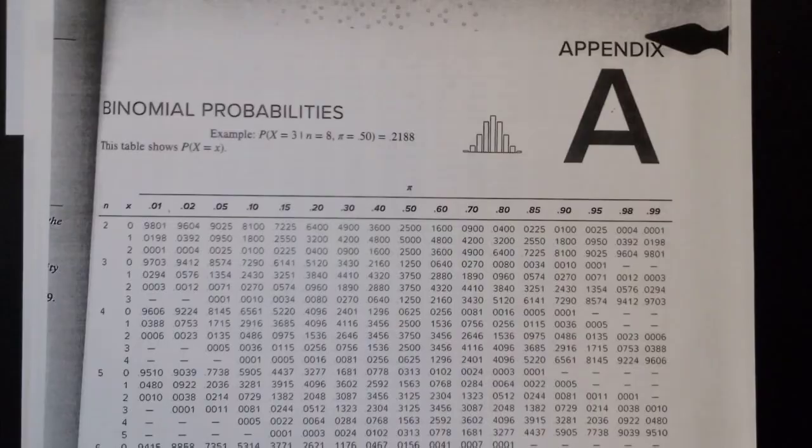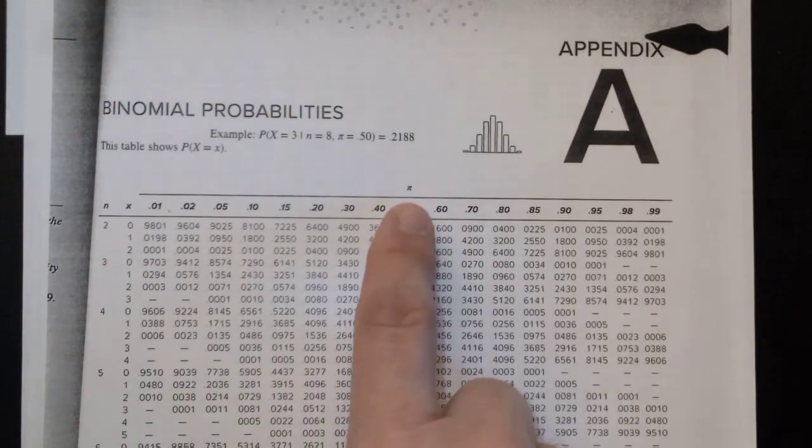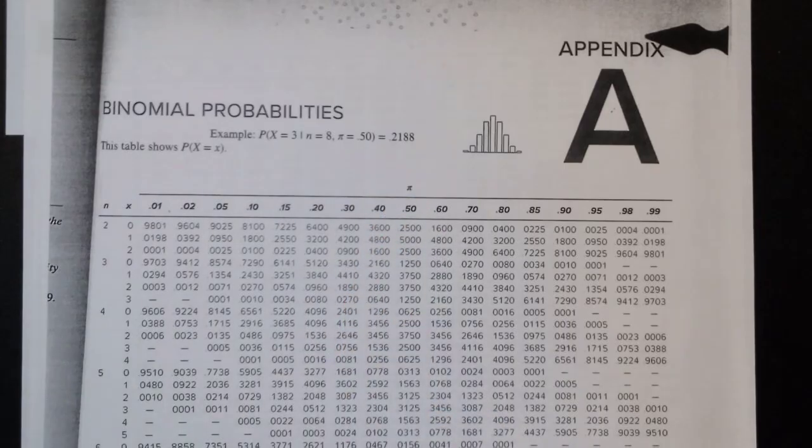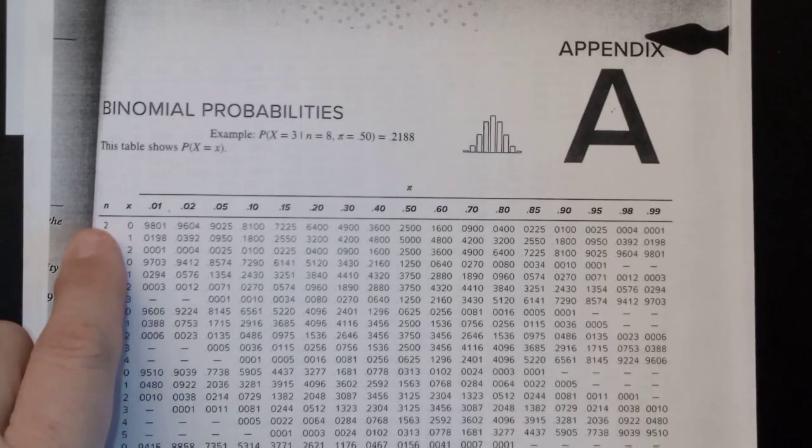Here's the appendix in the back of your textbook. Please notice what I've got here. I've got an n, an x, and then a whole bunch of different options for our probability of success. I was doing 12 trials, right? That means n should be 12. 3, 4, 5, 6, 7, 8, 9.